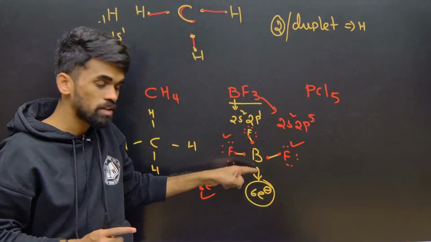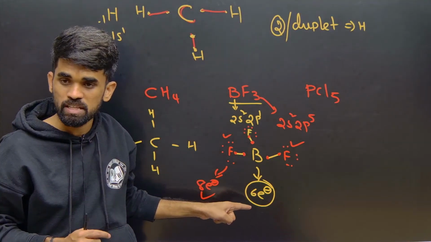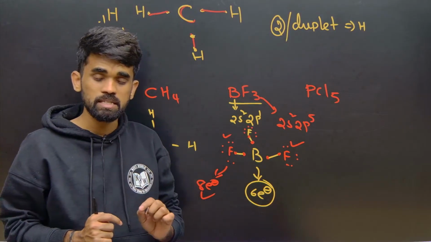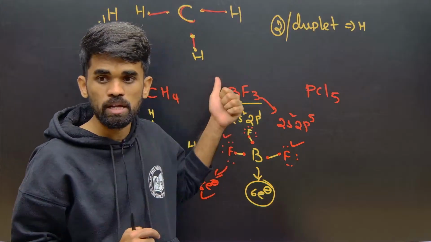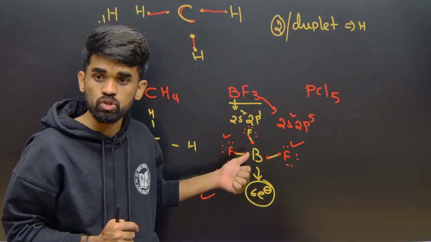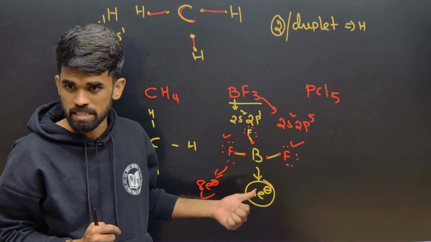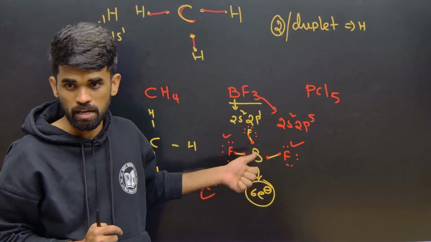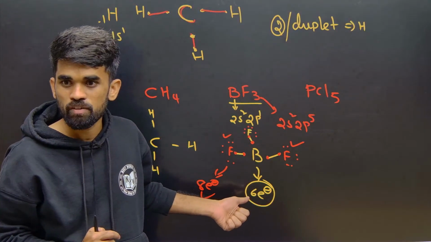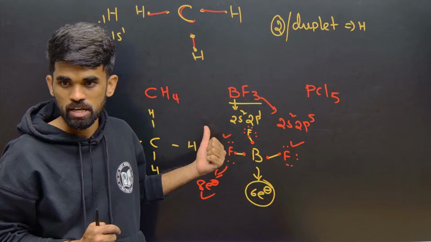But does this molecule contain octet configuration for the center atom? No, it has only 6 electrons. It means as per his statement that only octet configuration compounds are stable, BF3 should not be stable, it should not exist. But it is being formed and existing. So this is a limitation of the Lewis dot structure.